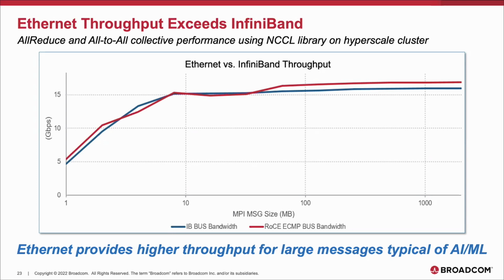This was a test using all-reduce and all-to-all collectives using the NCCL library, at the same bandwidth point. I think this is with 100 GbE Ethernet versus 100 GbE InfiniBand. They actually found that you wind up getting higher throughput for these larger message sizes that are typical of AI ML workloads.